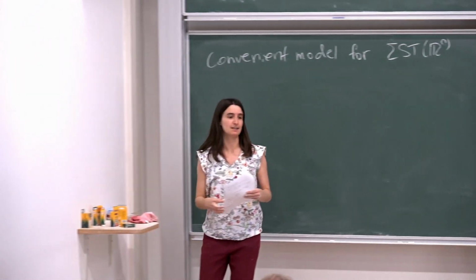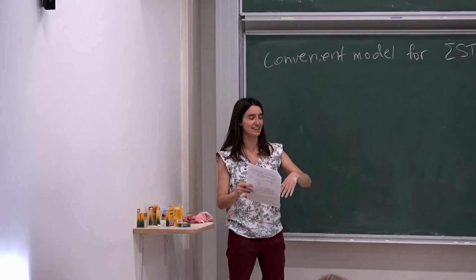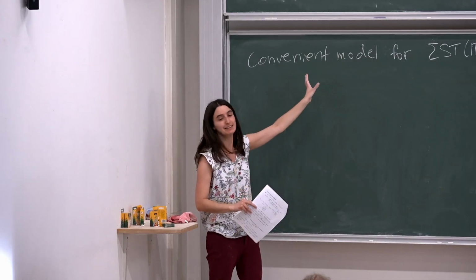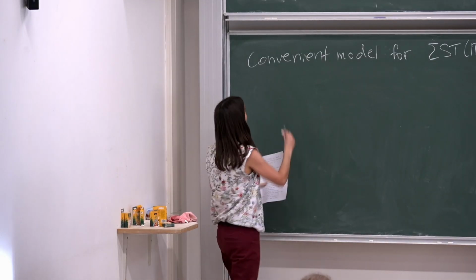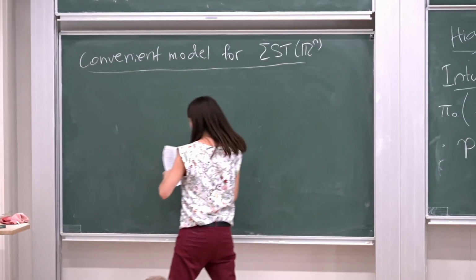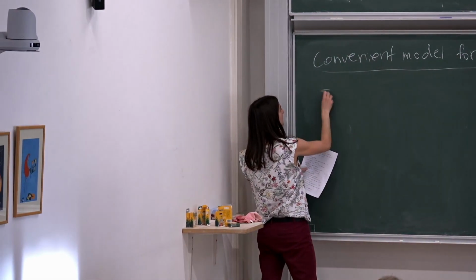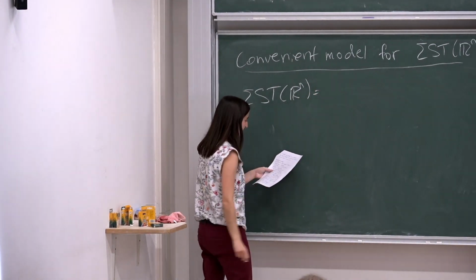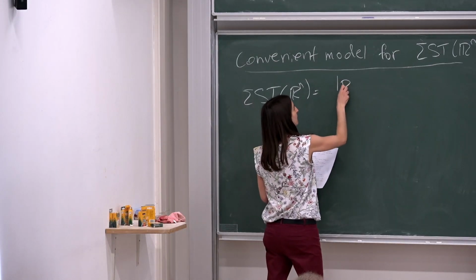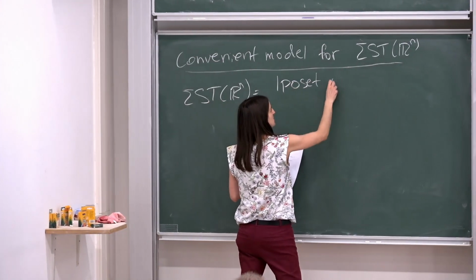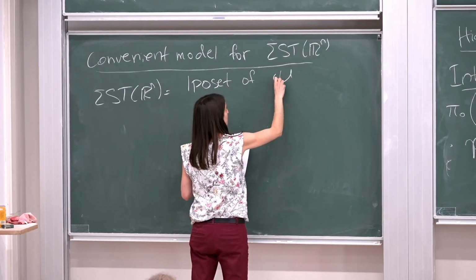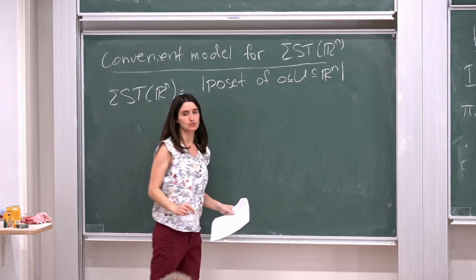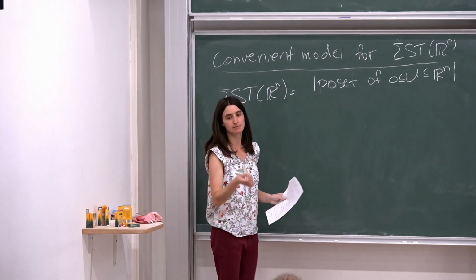One of the reasons that I wrote it that way rather than just saying suspension is because we really like this model and it has helped us a lot. Our model for this is taking the poset of vector subspaces in R^n that could be either 0 or R^n, no restriction.